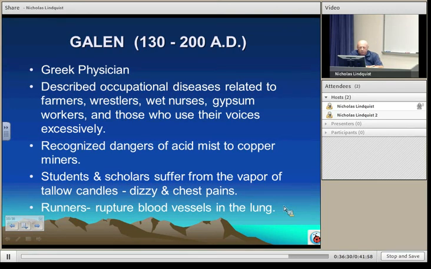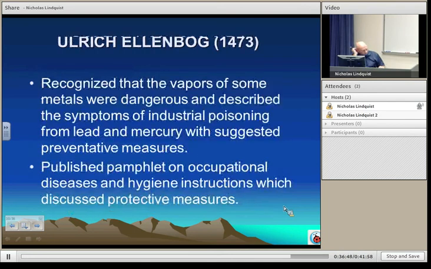In the 14th, 15th centuries, we saw Agricola, who was basically a founder of geology, and he published a 12-volume set of books that described various metallurgic, metal types, geological types of issues, described some of the things like mercury problems, ailments, and accidents that could be noted in miners.